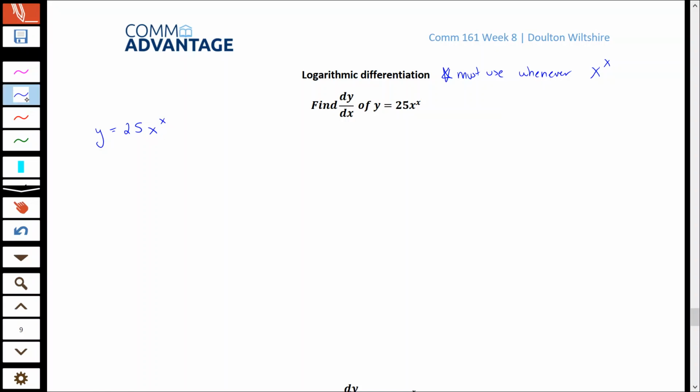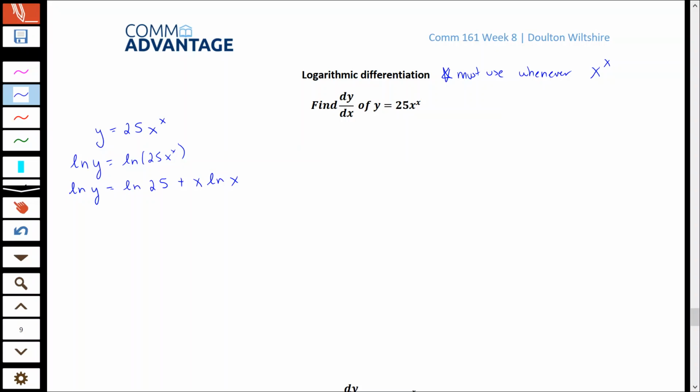So we start by taking the ln of both sides. I have ln y is equal to ln of 25x to the x, but remember there are these beautiful ln property rules. So this is going to become ln of 25 plus x ln x.